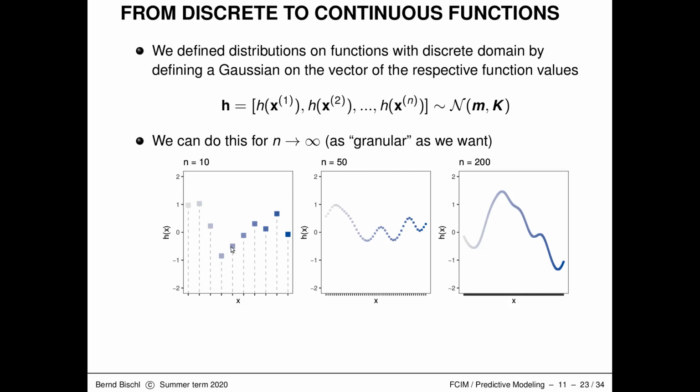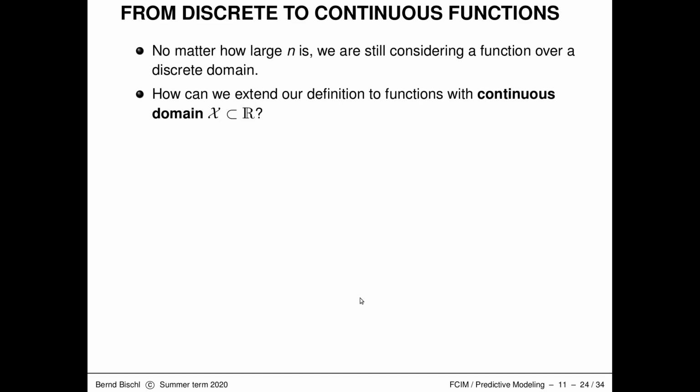So use more and more measurement points, take that to the limit, and specify the Gaussian process as the limit of that. In a certain sense, we want to become as granular as we want on these input spaces. The good thing is, no matter how large n is, we are still considering functions over a discrete domain. And that's the whole trick.